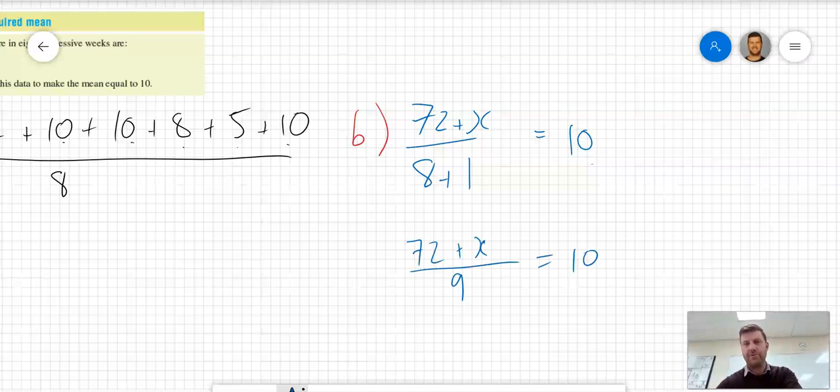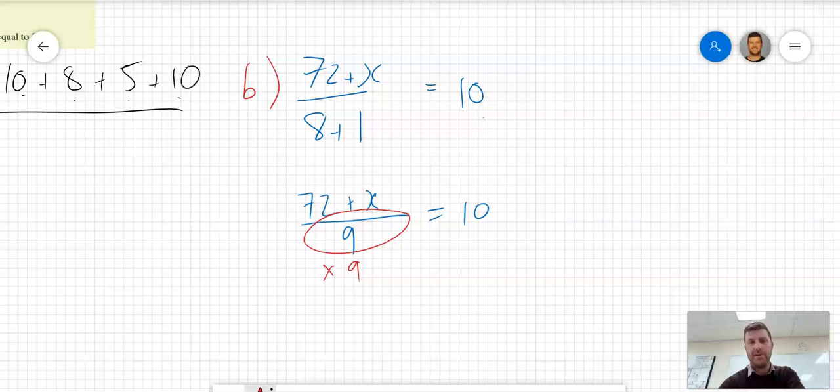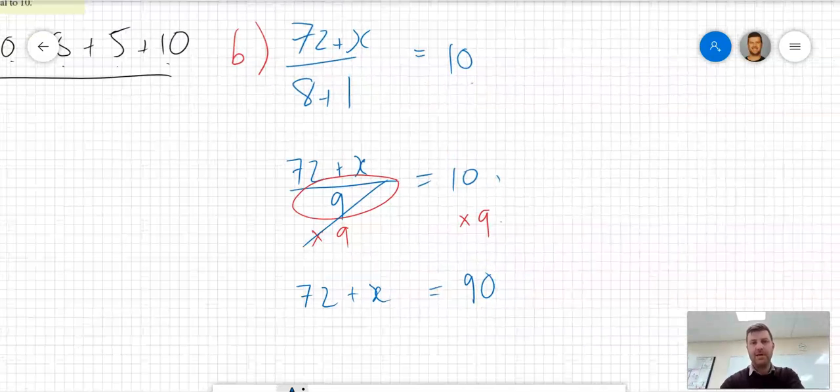We've done a bit of algebra already, so we should be able to solve this from here. First thing I'm going to do is get rid of that 9. Because we're dividing by 9, I'm going to multiply by 9. If I multiply by 9 on this side, I need to multiply by 9 on that side as well. They cancel out, so I'm left with 72 plus X equals 10 times 9, which is 90. So 72 plus a number is equal to 90.